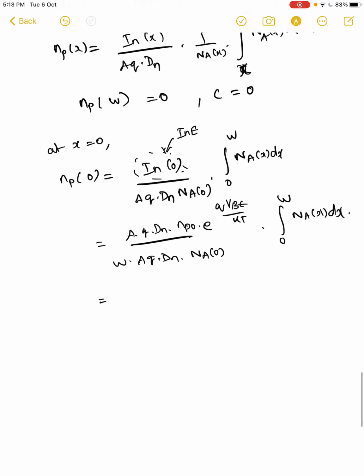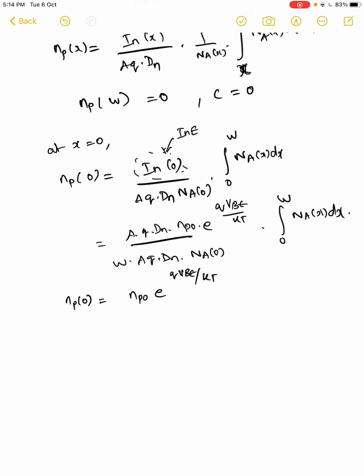Now this will reduce to Np0 e^(qVBE/kT). So this is the density of electrons at 0.